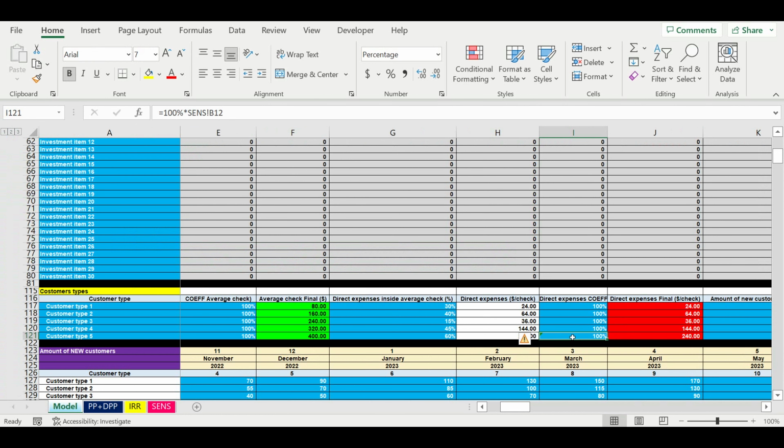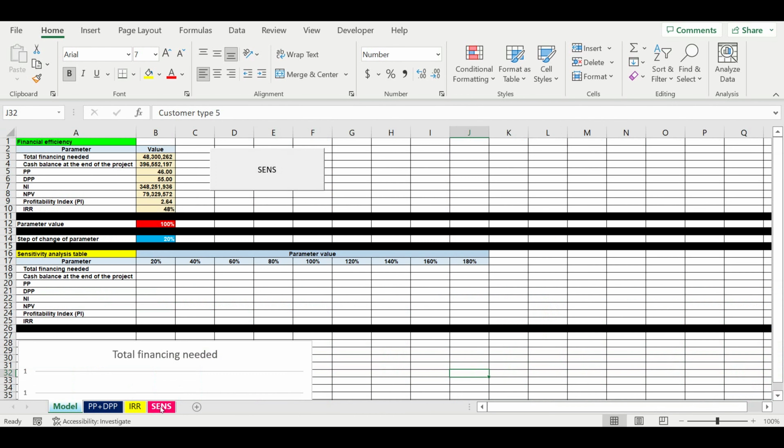So here we have this coefficient, then we press enter, and now we can test how the financial efficiency will change if direct expenses for customer type number 5 will rise or decrease. Then I go to the sensitivity analysis tab and press enter and see what will happen.